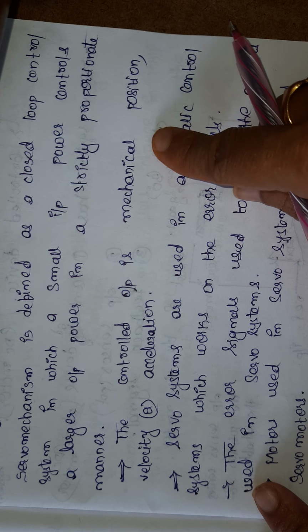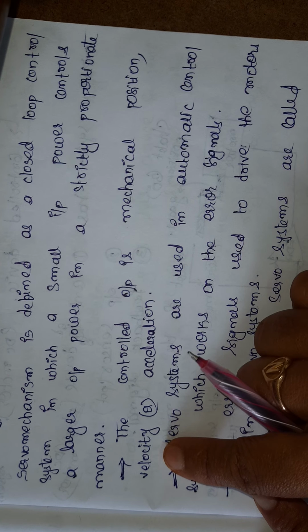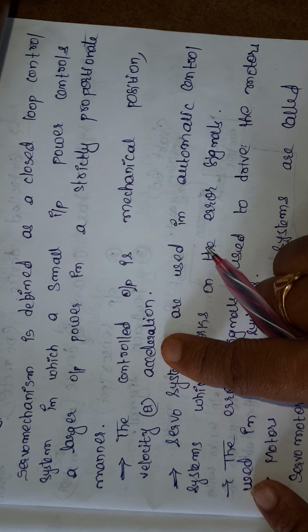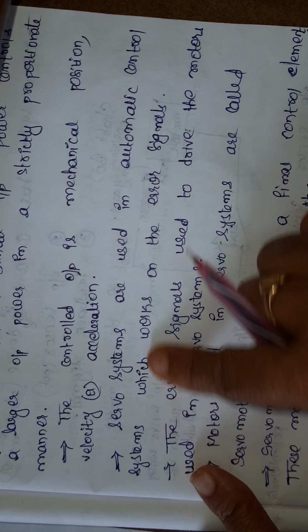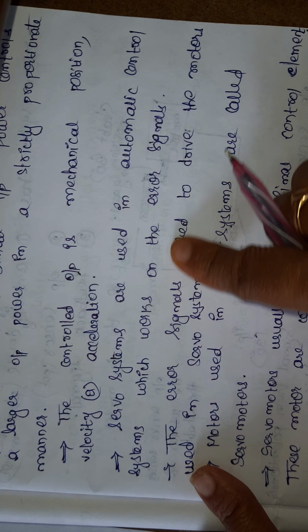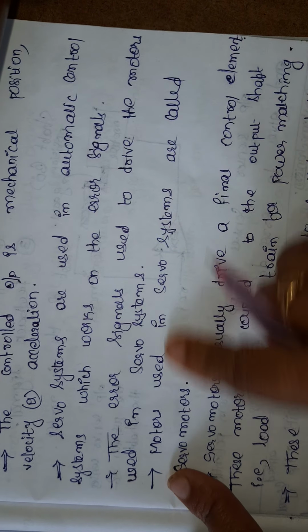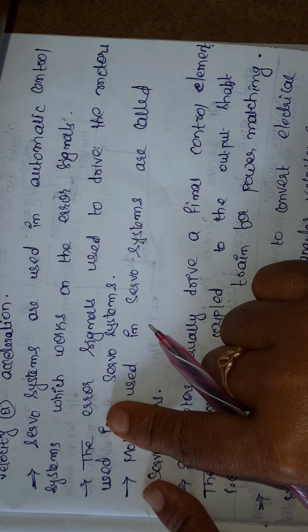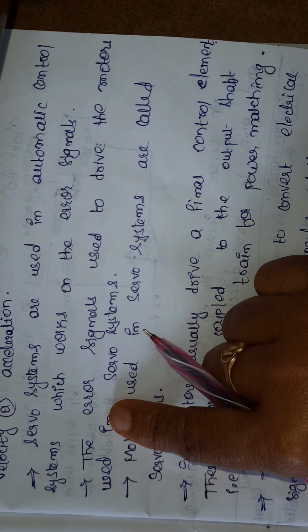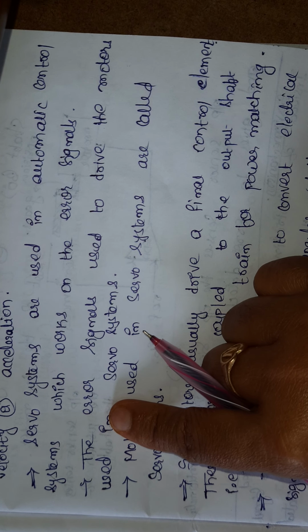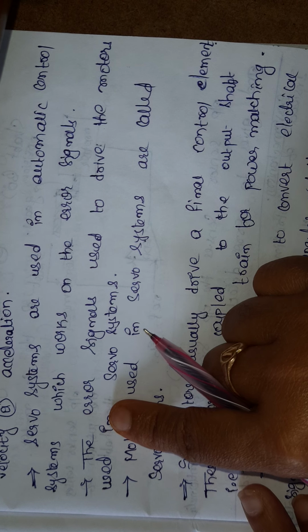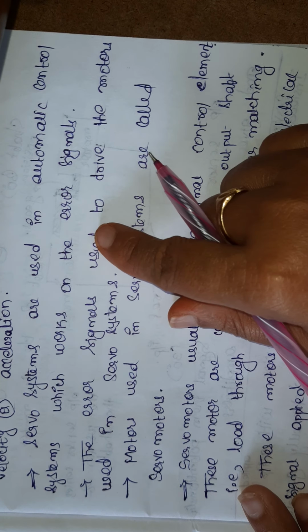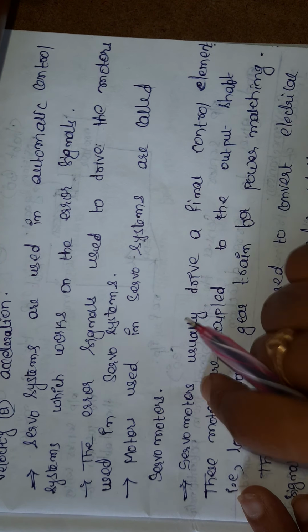Mechanical position means x, d by dt of x is velocity, d square of x by dt square will give us acceleration. So how we are getting the error signal we'll discuss later. If we go through the armature controlled DC servo motor, we'll see how we are getting the error signal and how we are saying it as a closed loop control system.